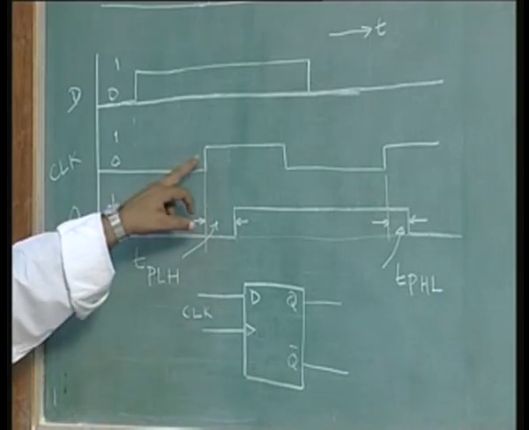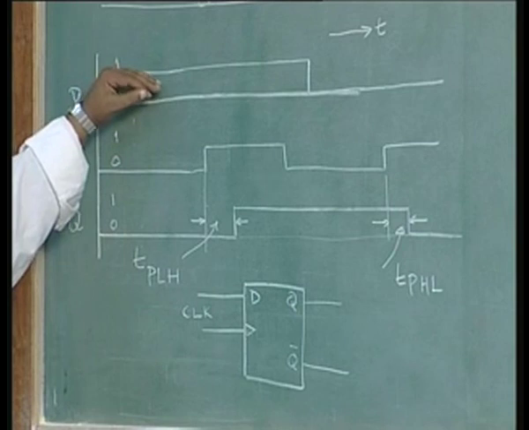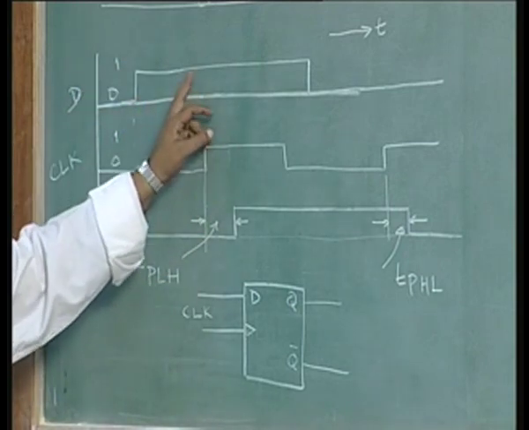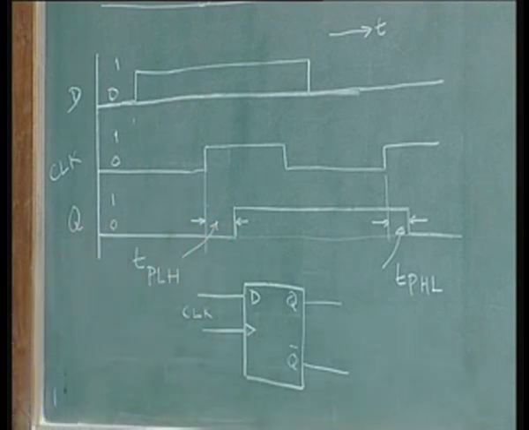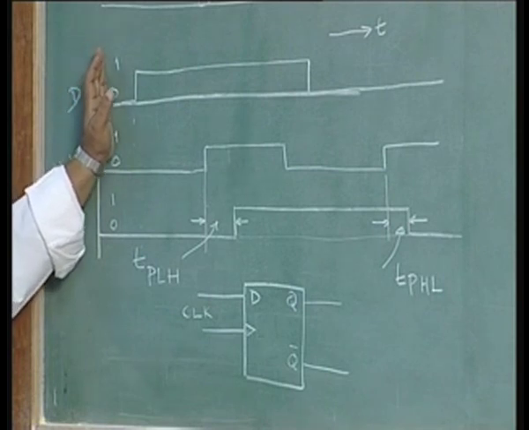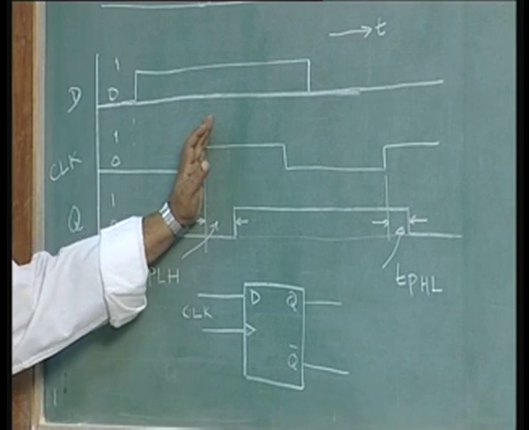When the clock transition occurs, we are already assuming in this case D was 0 and became 1 much before the clock transition occurred. So, when the clock transition occurred, this 1 was transmitted to the output, of course with a propagation delay. What if D changes closer to clock transition?